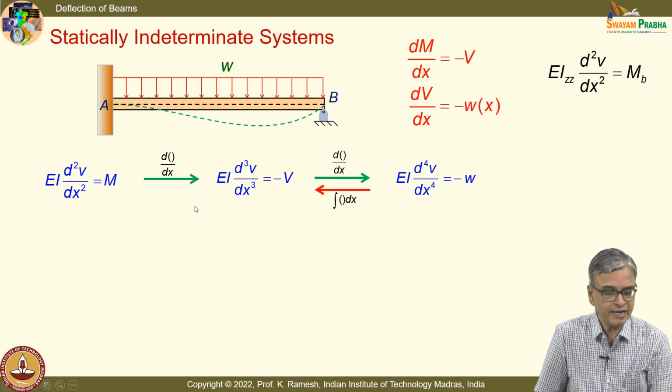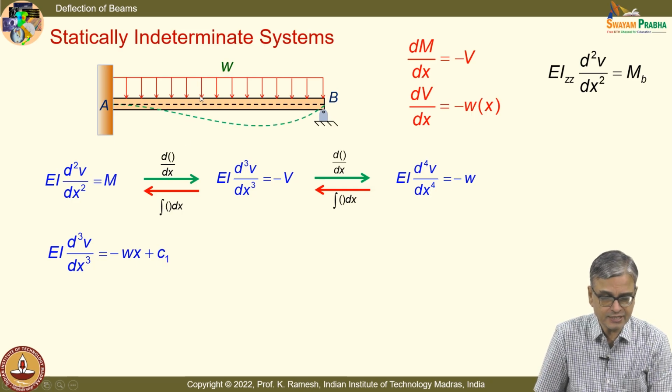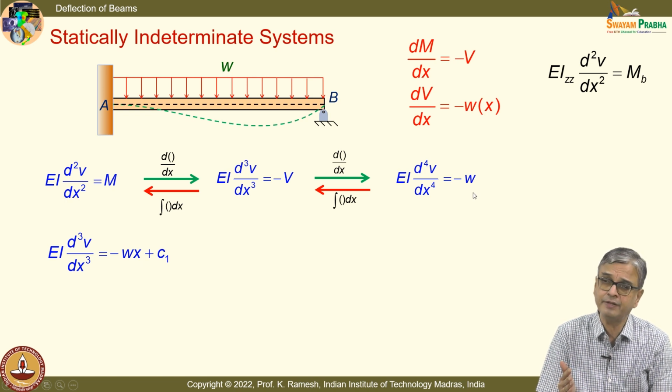So, when I integrate, I get the other equation, okay. And this is written for this problem. The final expression is applicable for this problem. But the generic expression is EI d power 4 V by dx power 4 equal to W. You have to investigate whether it is positive or negative and put the appropriate sign.